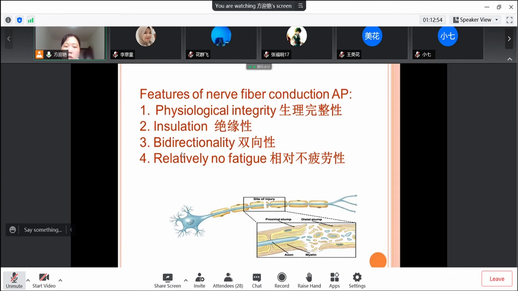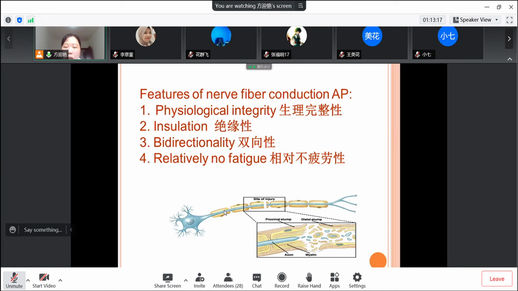It can be conducted in both directions, and also with relatively low fatigue. So here are the features of nerve fiber conduction of the action potential.